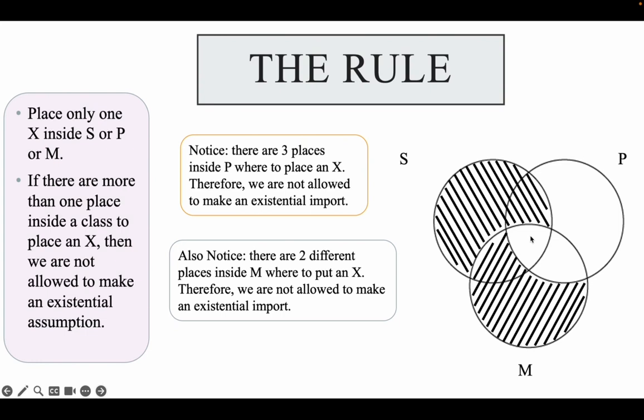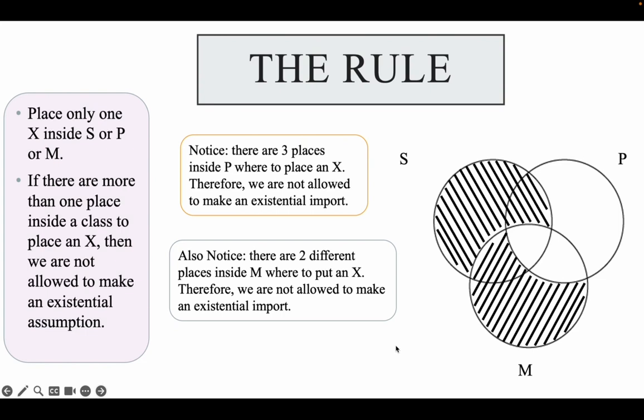Therefore, by the rules, I am not allowed to make the existential assumption. What about M? Am I allowed to make an existential assumption for M? Well, no, because there is one place here and another place here, so there's more than one.